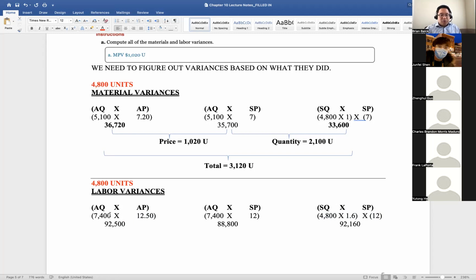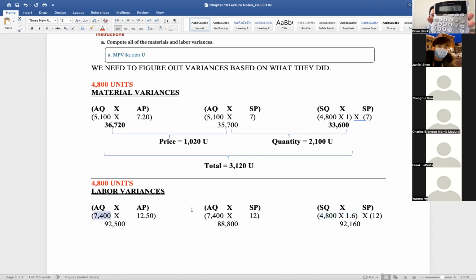Similarly, actual quantity is 7,400, right? Standard quantity, I could do the math. What is the standard quantity here? Standard quantity is 7,680. Actual quantity is 7,400.